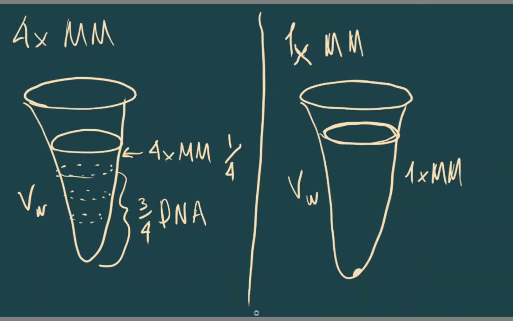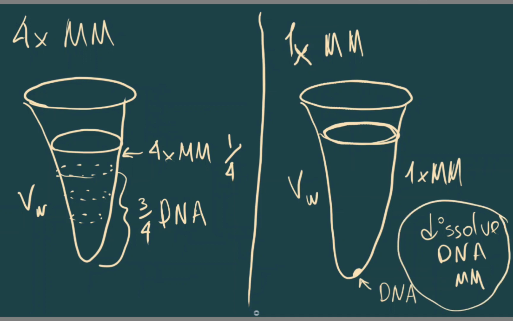The DNA will be dried DNA, and technically it means that you dissolve your DNA in the master mix. I don't think it will happen in real life, but you just need to know what 1x is.